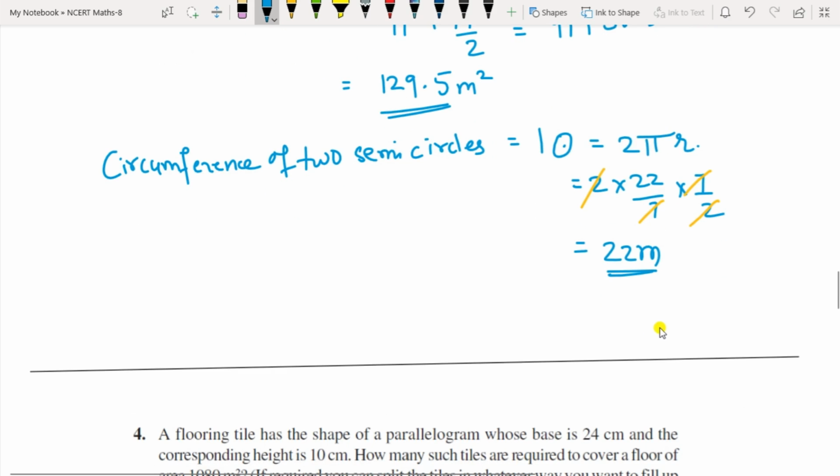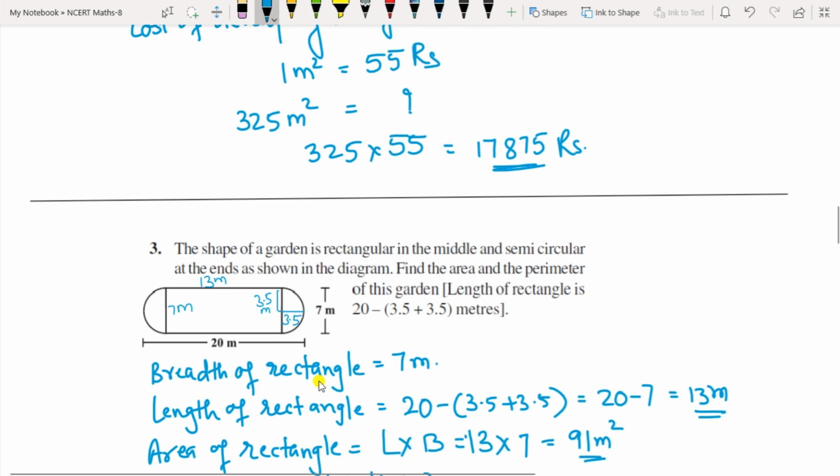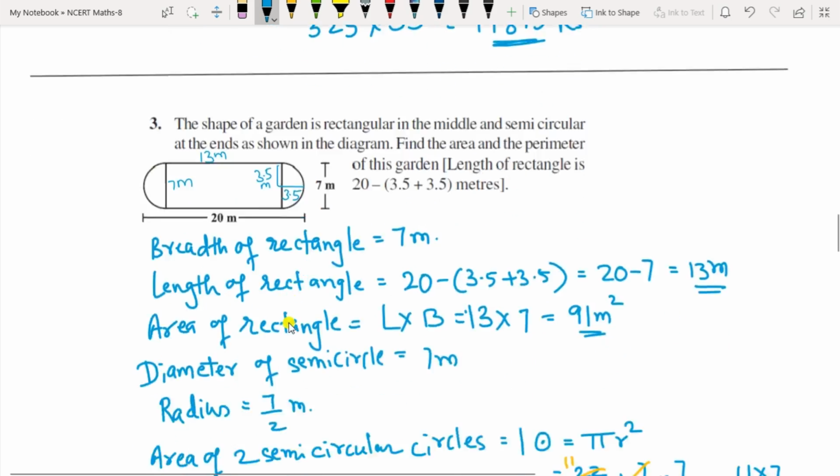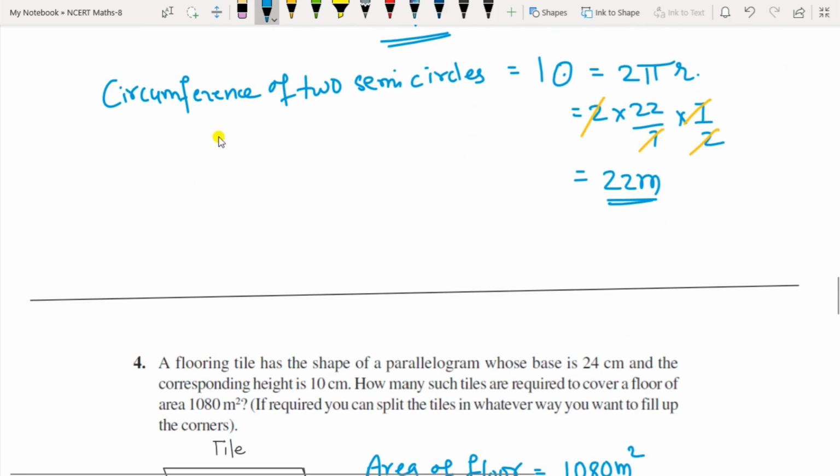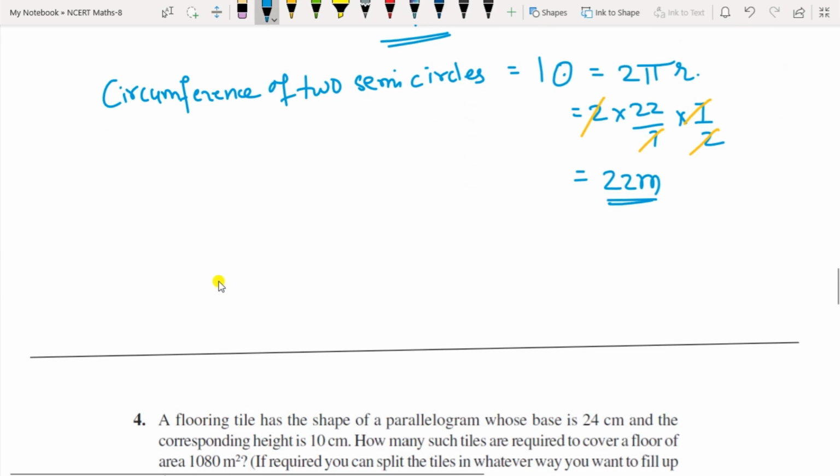Okay. Now perimeter means, as we have just seen above, the total length of that figure is called the perimeter. So here we know this is 13, this is also 13, and we just found the circumference of this and this together. So we have to add it all up.